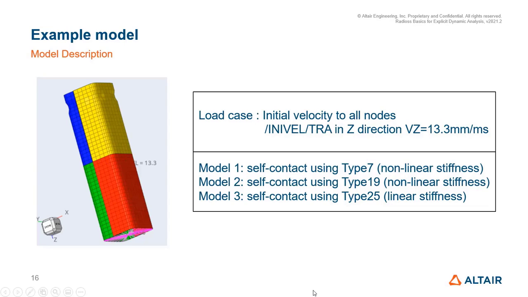So there are three models studied here. Model 1 is self-contact using type 7, that is nonlinear stiffness contact. Model 2 is self-contact using type 19, that is nonlinear stiffness contact as well. And model 3 is self-contact using type 25, that is linear stiffness contact.